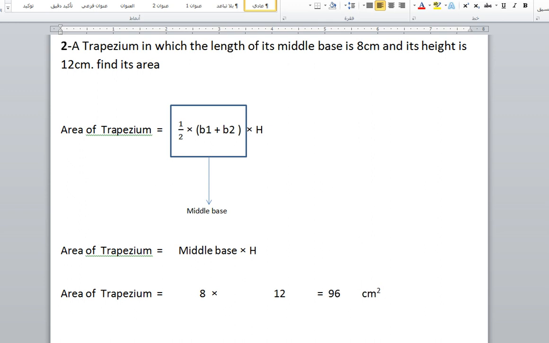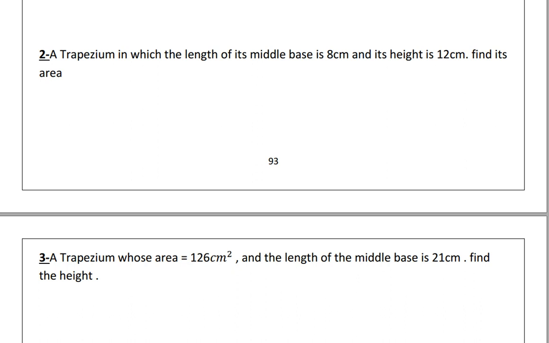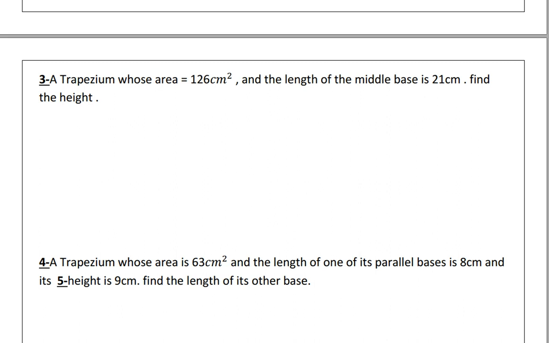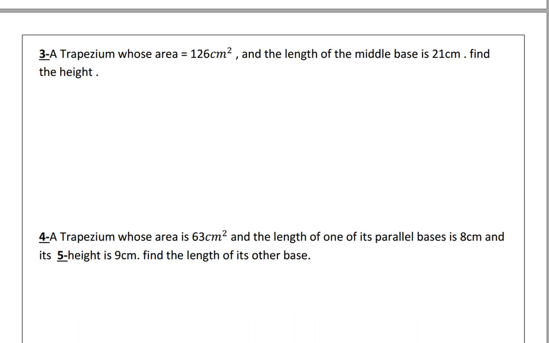Okay, so let's go to example number 3. A trapezium whose area is 126 centimeters square and the length of the middle base is 21. Find the height. Okay, so we have the area and we have the middle base. How can we get the height? Excellent, by dividing. So we will divide 126 over 21, which is 6.